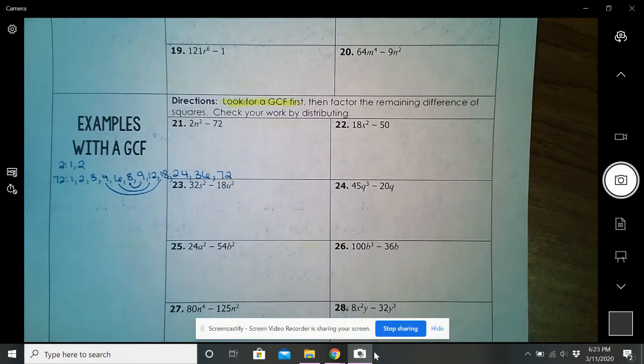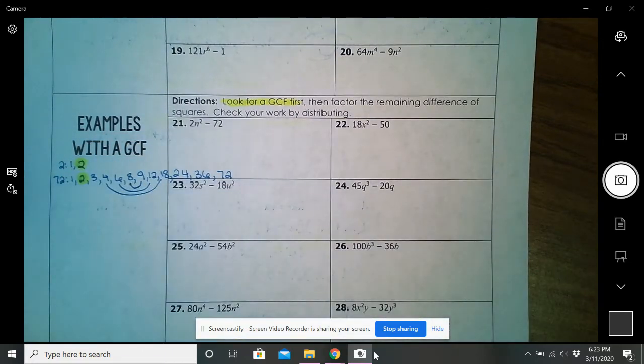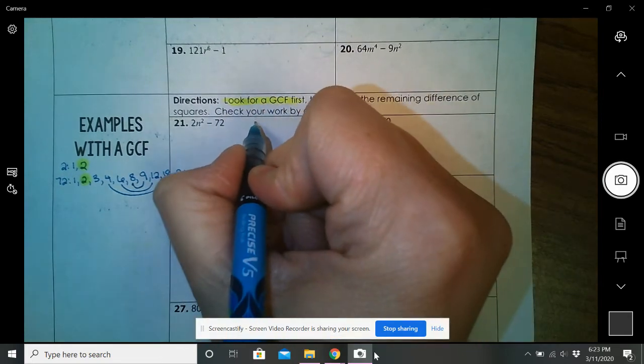I'm not going to put all those rainbow arches in there. It'll get in the way of number 23. But really, most of this was unnecessary. If the biggest number is 2, I could have stopped right there because I'm looking for the biggest number present in both terms. So here the GCF is 2.